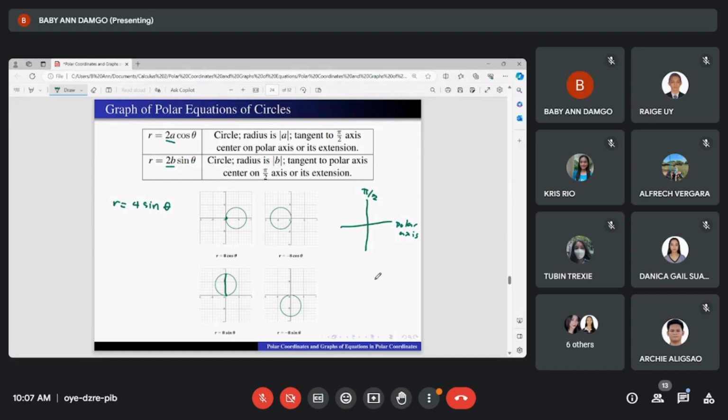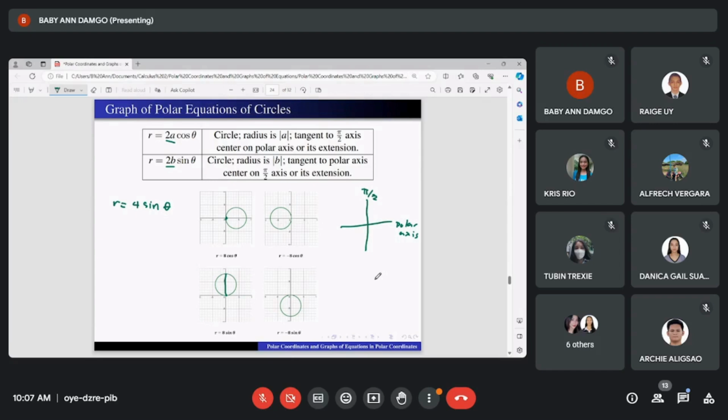So another technique sa Dianic class. For example, we have R equals 4 sine theta. So we have 1, 2, 3, 4. Then 1, 2, so 1, 2. Okay? So atong kuhaon ang radius, di ba? Ang radius is, divide 2 naman siya.